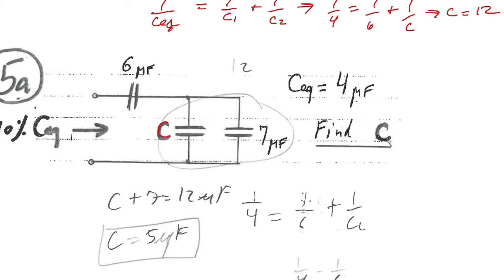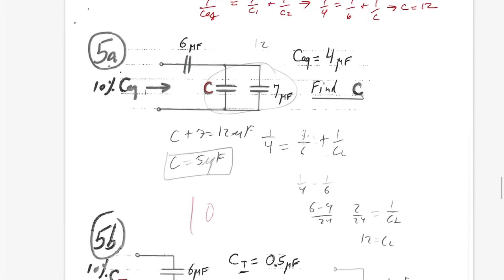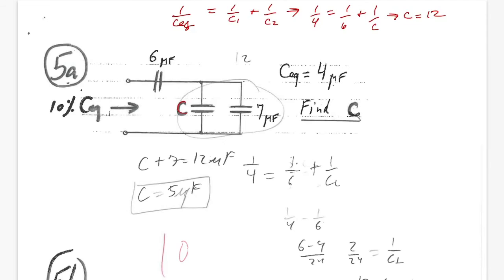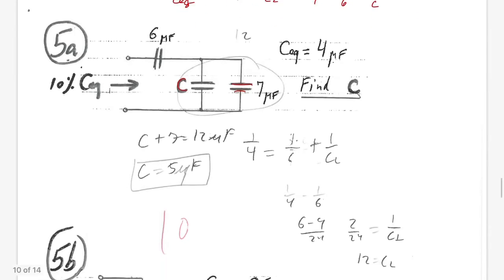And so the 7 and the 12, the C and the unknown variable, are in parallel, right? And so we know that you add these things up. And so 12 minus 7 is going to give us 5. And that's how we know that this final C is going to equal 5, because we take away the 7 that we were going to add into it.